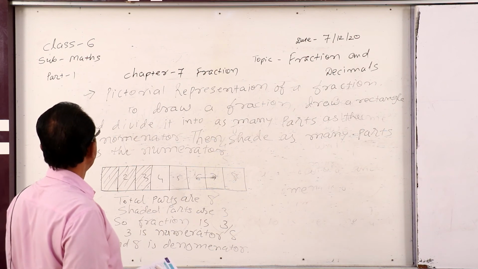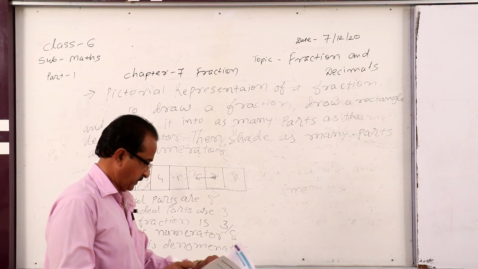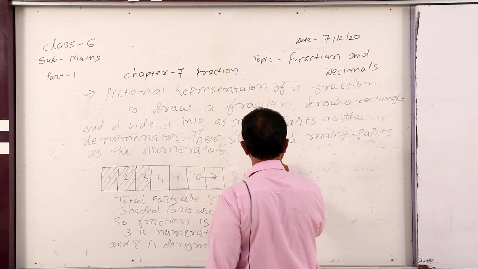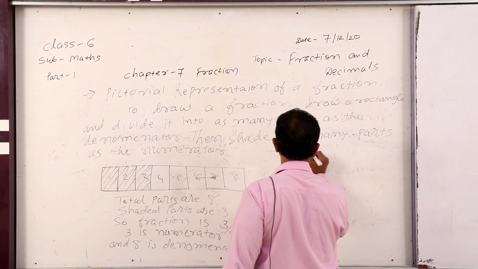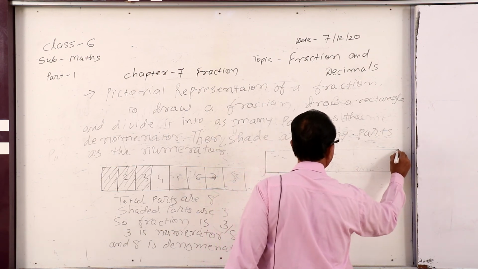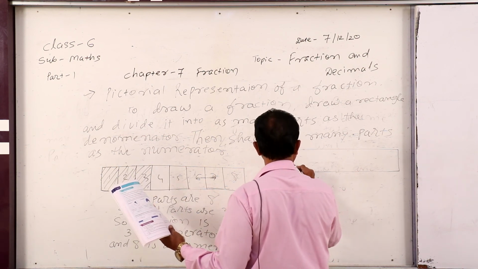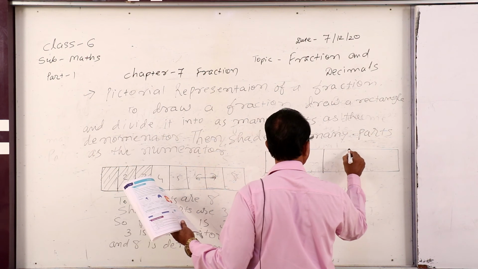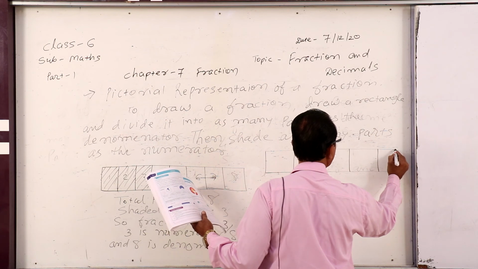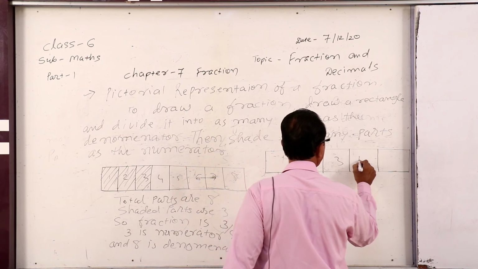In this way, any pictorial representation you can do. I see more. 1 2 3 4 5.